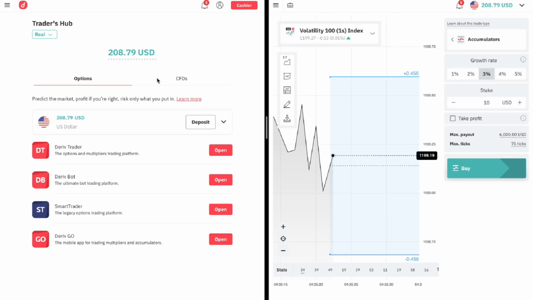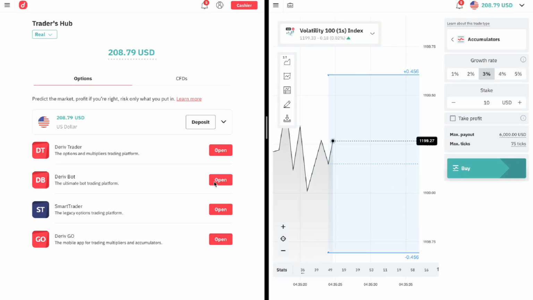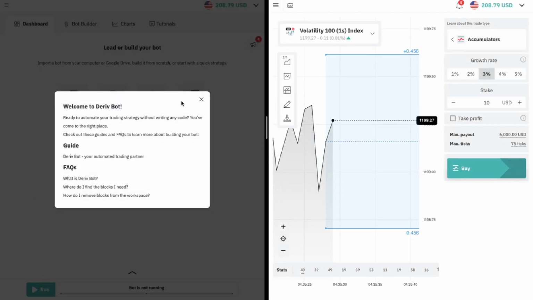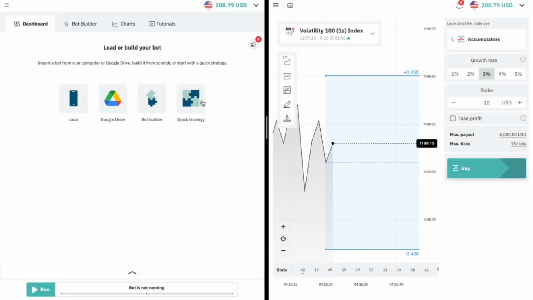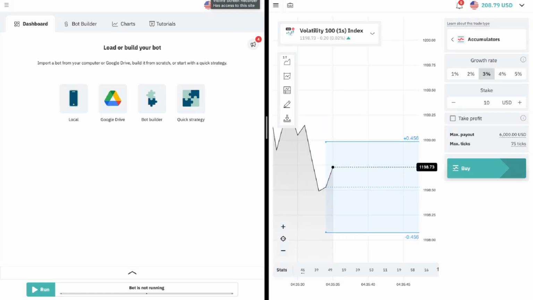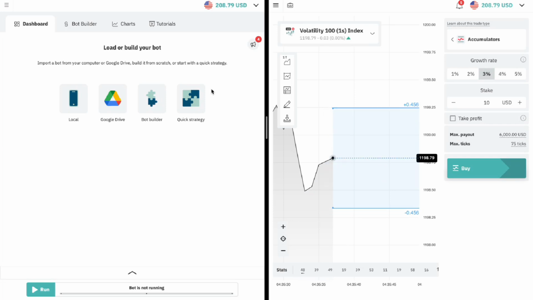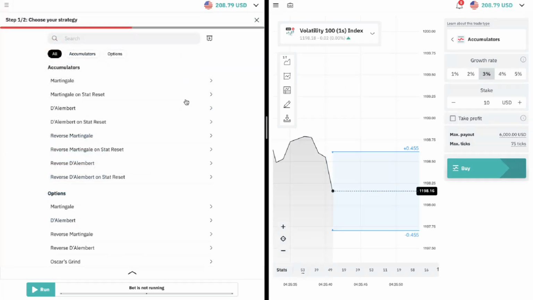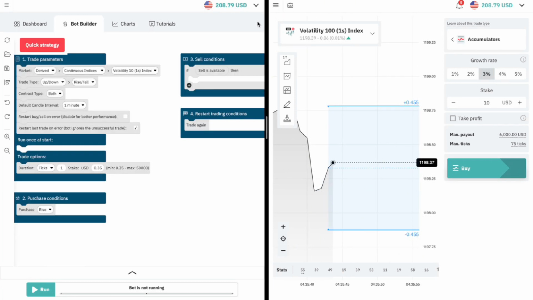On the left hand side, I'll have my Deriv bot. So let me click Deriv bot here. All right.